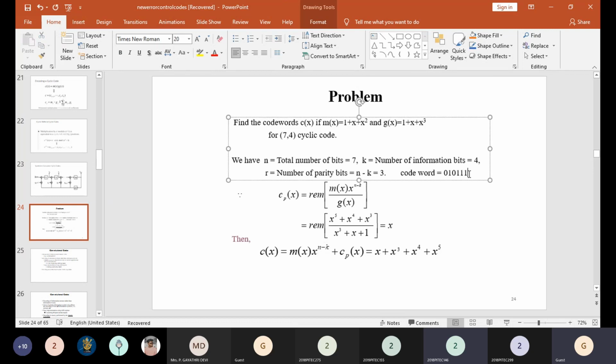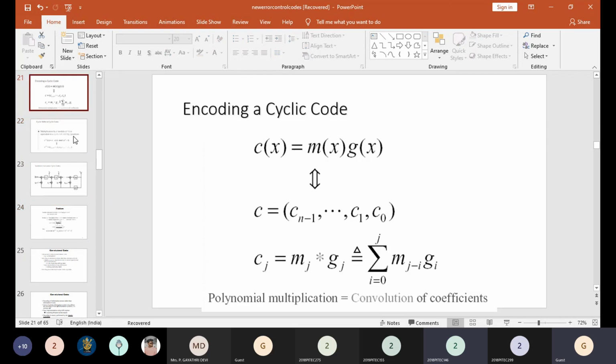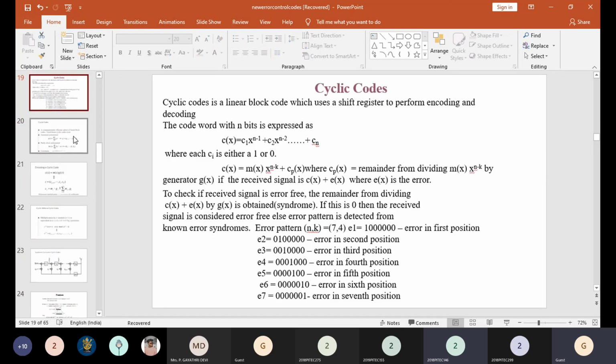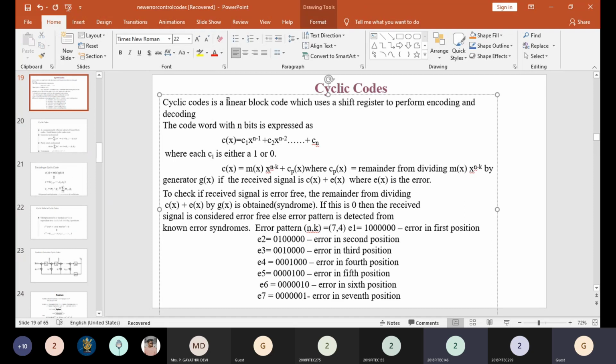Cyclic codes are a set of linear block codes, so they follow the properties of linearity and the cyclic shift property.